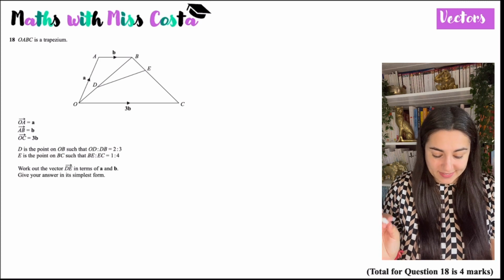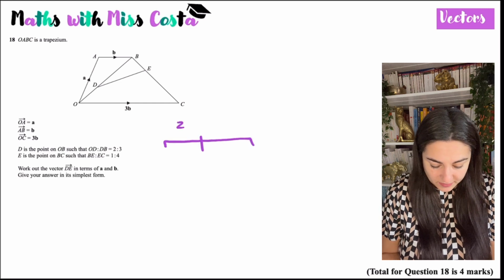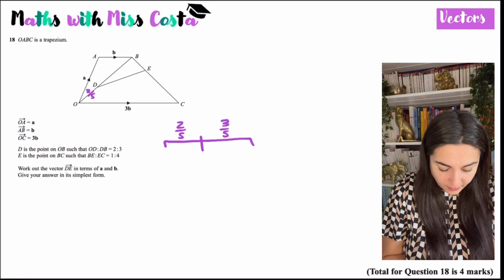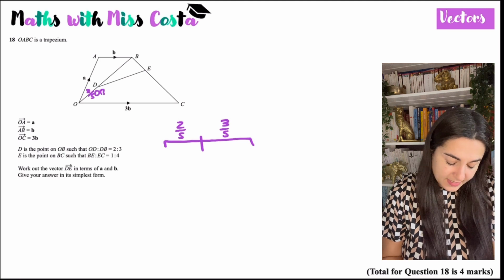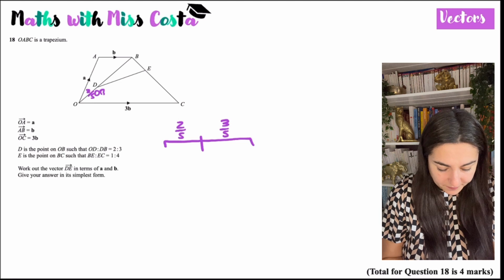OB is a line, and O to D is going to be 2/5 of that line, and D to B is going to be 3/5 of that line. So over here, that would be 2/5 OB, and D to B would be, is that right? O to D is 2/5, yep, and that would be 3/5 OB, okay?